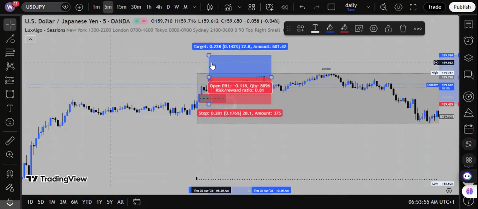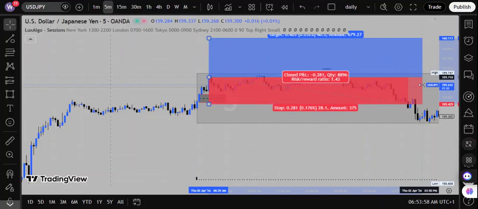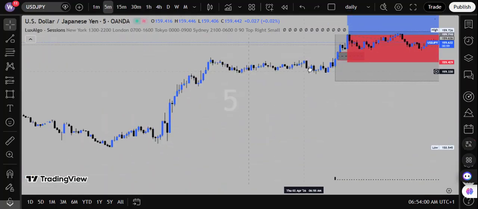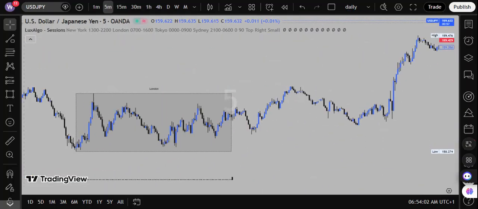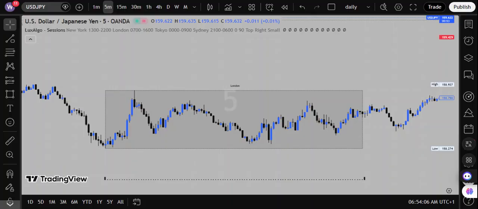So with this, you'd have taken your SL because price was ranging. You didn't even enter profit. So let's look out for another opportunity. Because see, price was ranging as well this day.